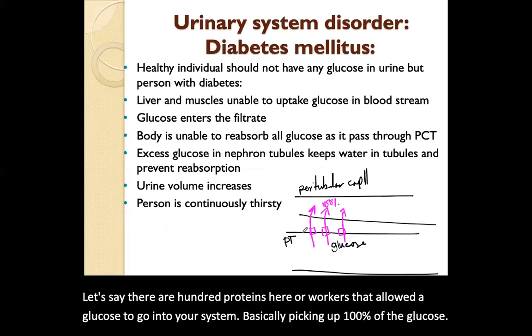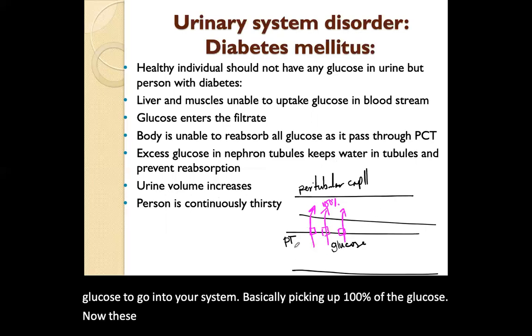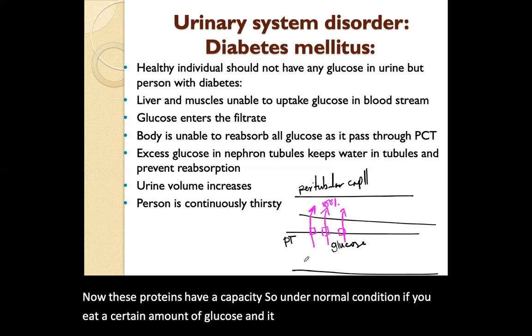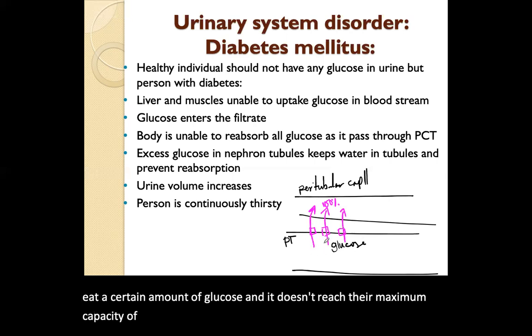Now, these proteins have a capacity. So under normal condition, if you eat a certain amount of glucose and it doesn't reach the maximum capacity of these proteins, then 100% of the glucose gets reabsorbed.